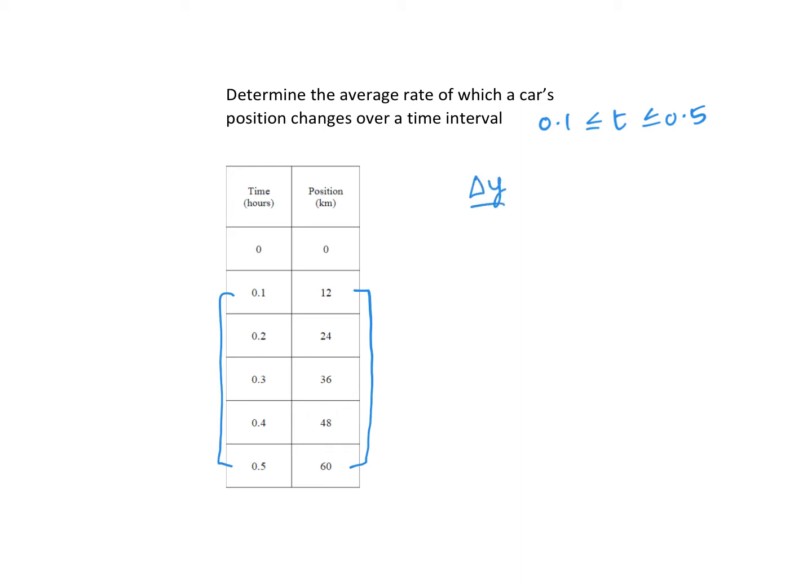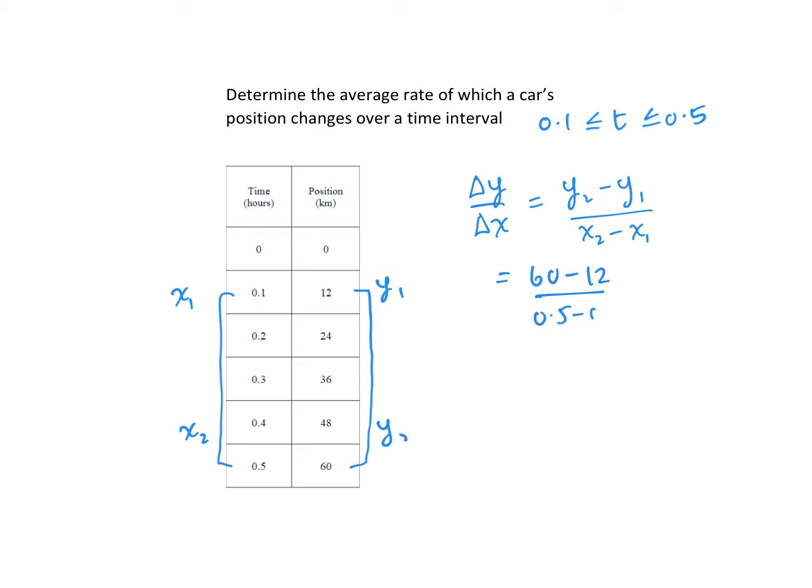So we are looking for delta y over delta x, or y2 minus y1 over x2 minus x1. Doesn't really matter which point is point 1 and which is point 2. I'll call this one point 1 and I'll call this one point 2. So if I'm doing delta y over delta x, it will be 60 minus 12 over 0.5 minus 0.1, which is 48 over 0.4, and if we do that division we get 120.